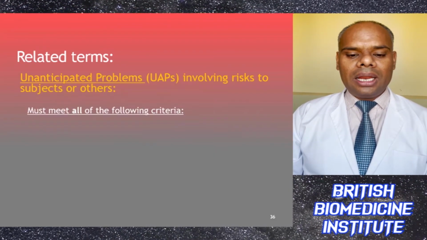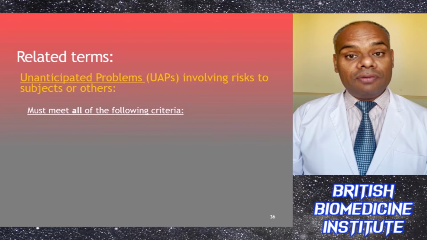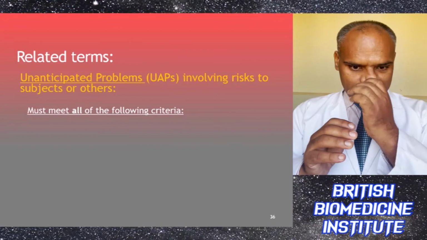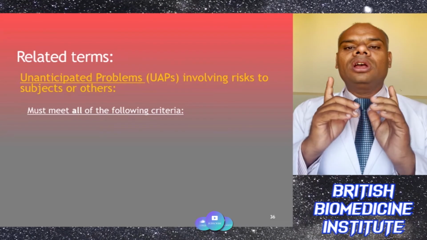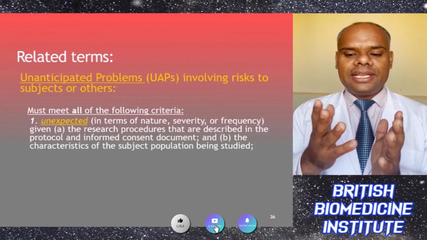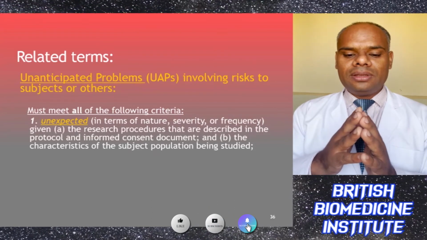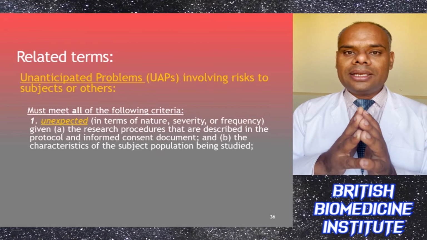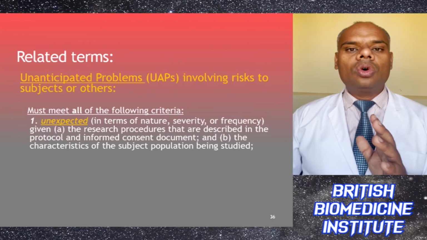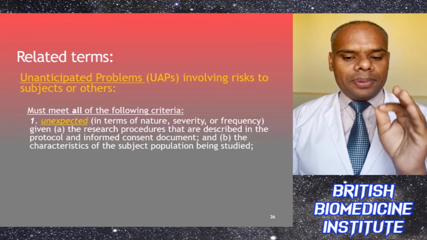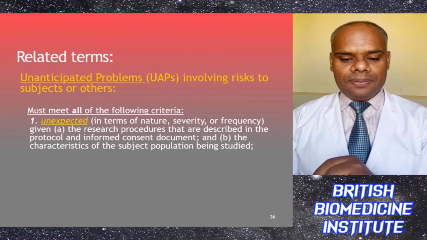So UAP, unanticipated problems, involve risk to the subjects and others, and they must meet all the following criteria. First, unexpected in terms of nature, severity and frequency, given the research procedures described in the protocol or in the informed consent document, or the characteristics of the patient population being studied.